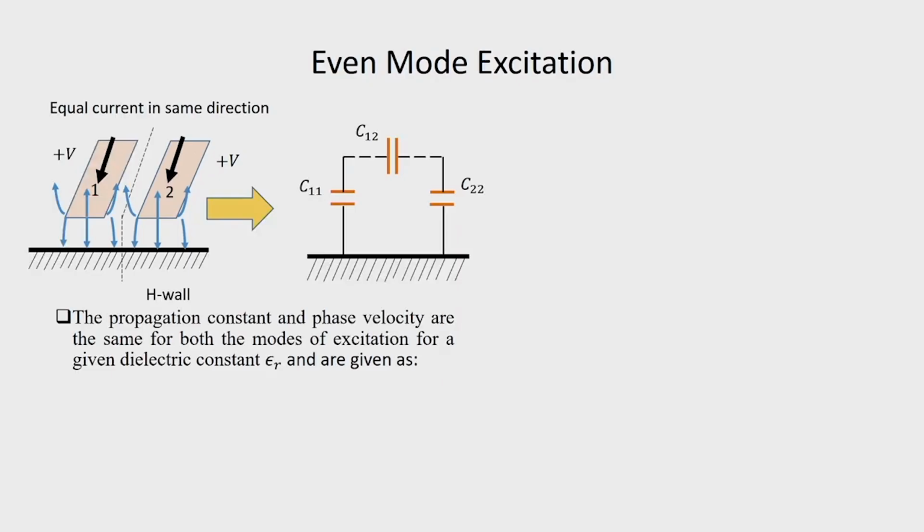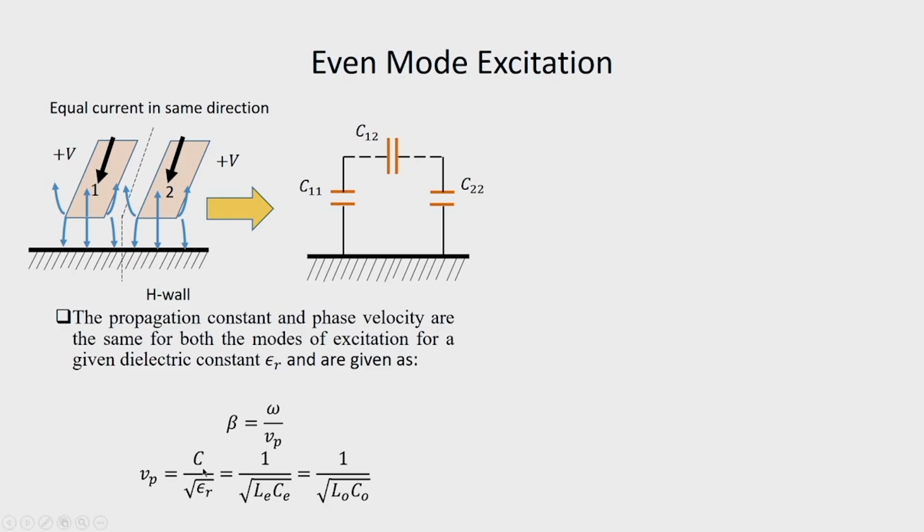The propagation constant and phase velocity are the same for both the modes of excitation for a given dielectric constant epsilon r, and these two are given as propagation constant beta equal to omega by Vp, where Vp is the phase velocity, and Vp is equal to C by root epsilon r.